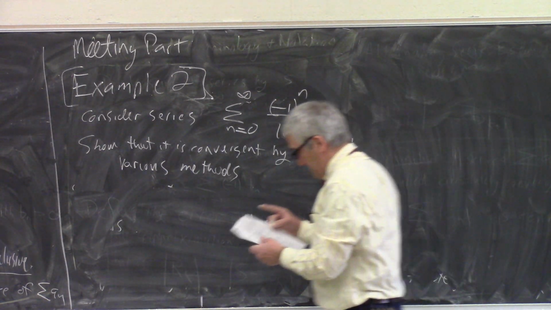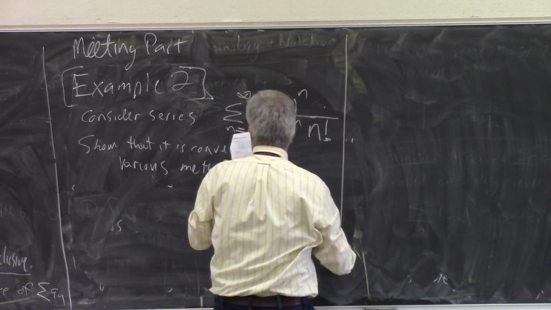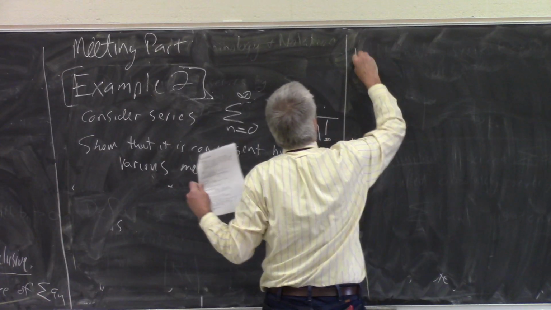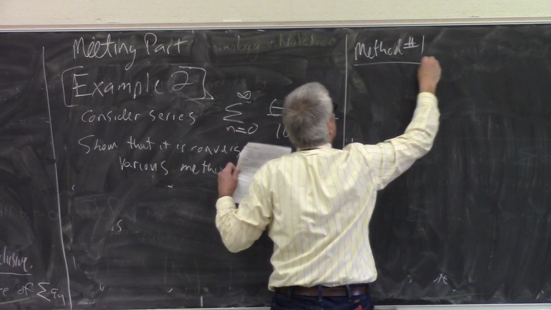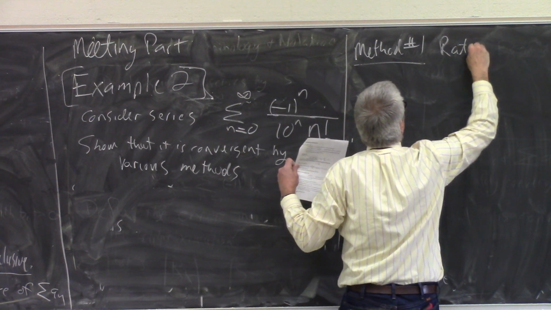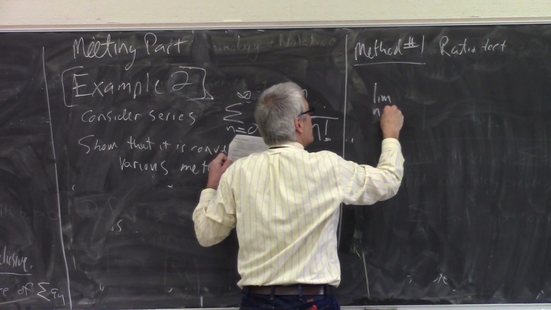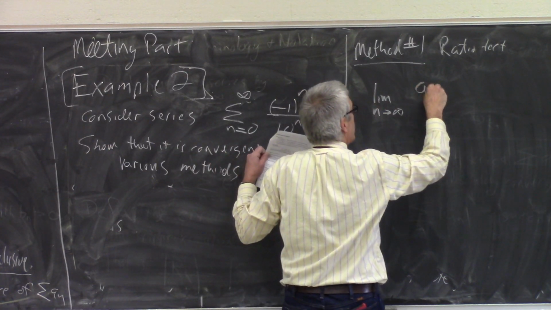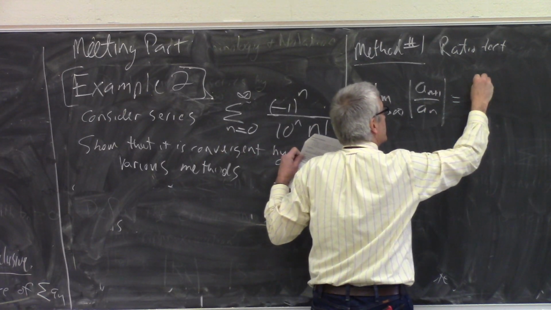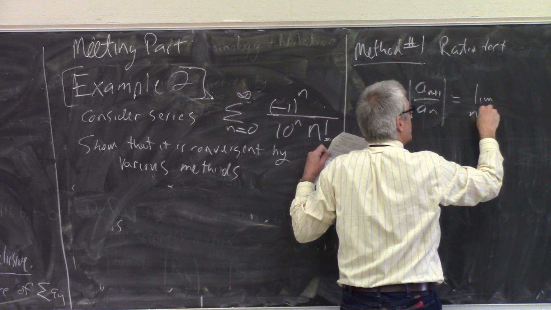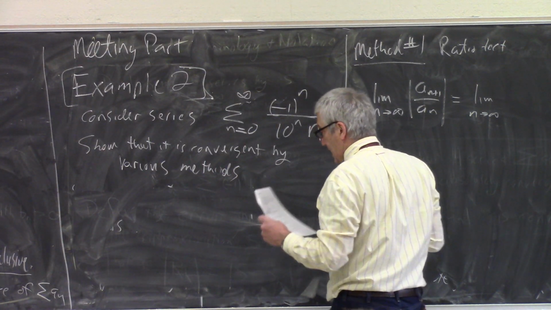Okay. So method 1 is the ratio test. The limit as n goes to infinity of the absolute value of a_(n+1) over a_n. I can leave off the minus 1s because they get killed in the absolute value.